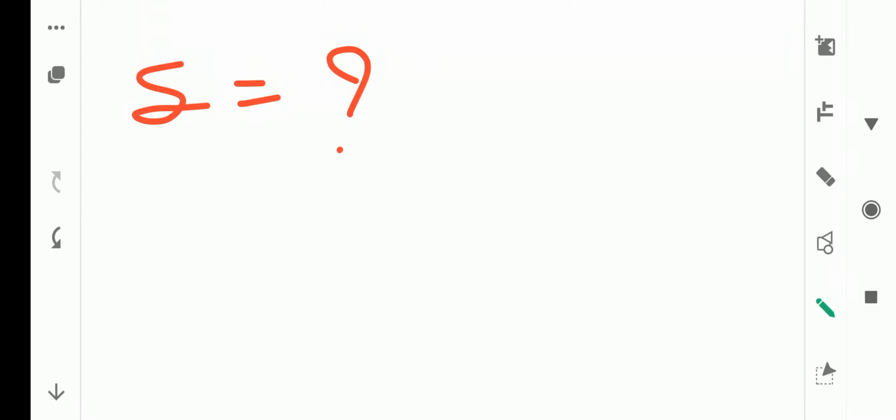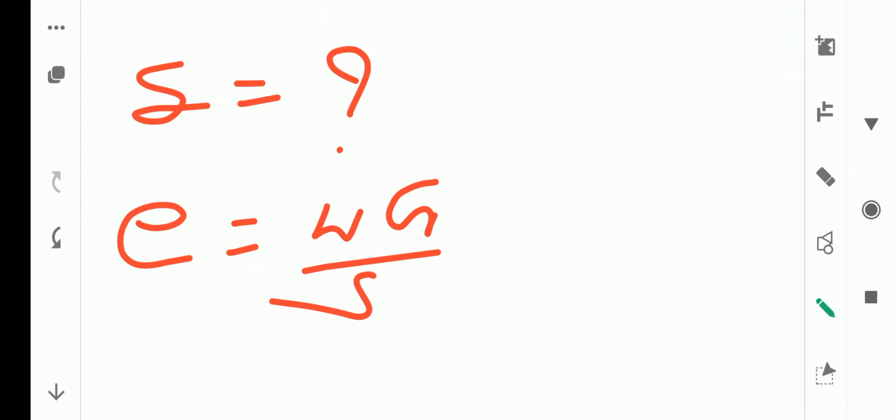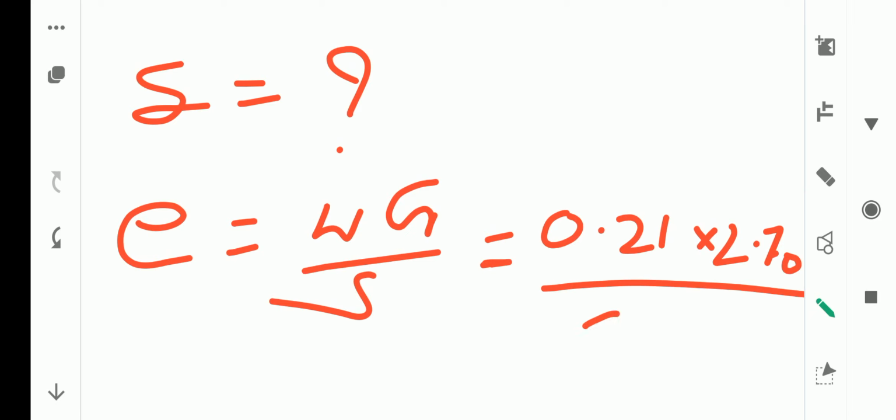Next is degree of saturation, S. How shall we calculate this? We know that E is equal to W G upon S. Water content we have obtained as 21.21%, but we cannot write it in terms of percent, so it will be written as 0.21, into the value of G, 2.70, divided by E, 0.80.